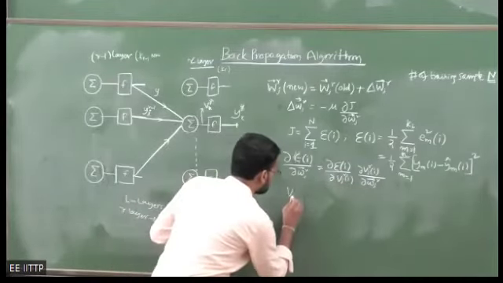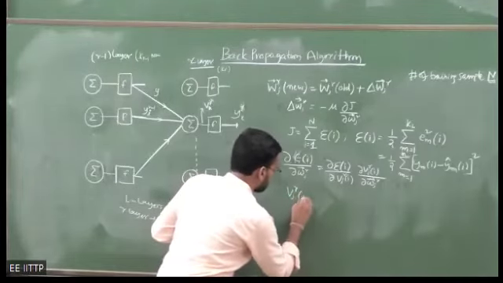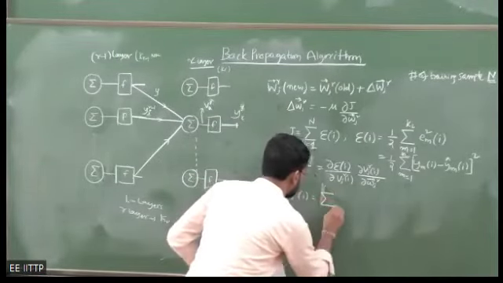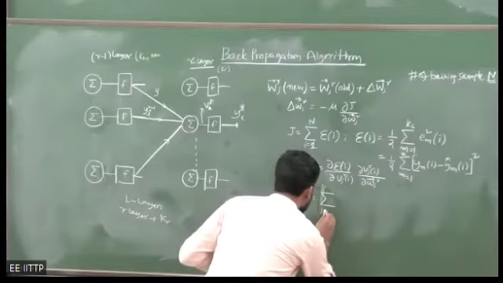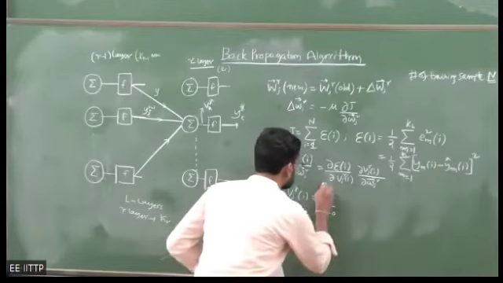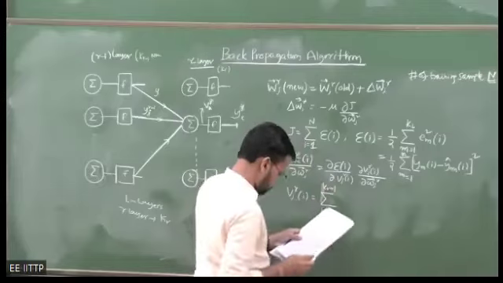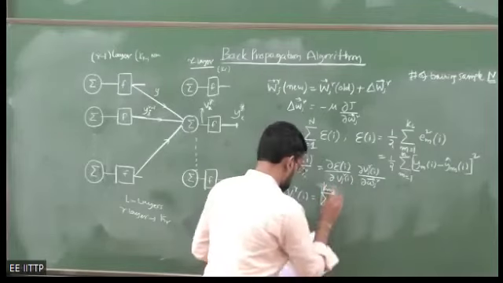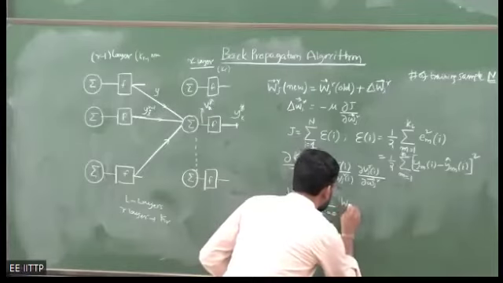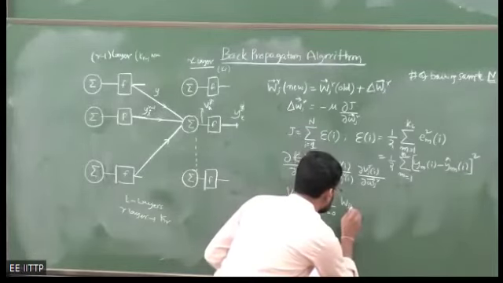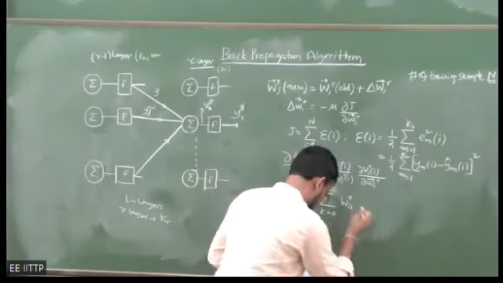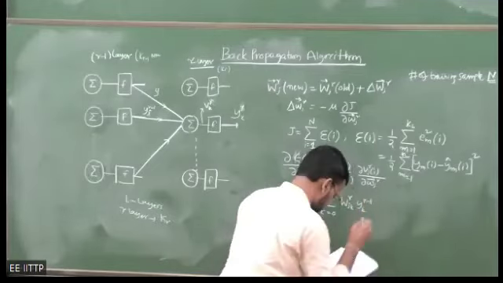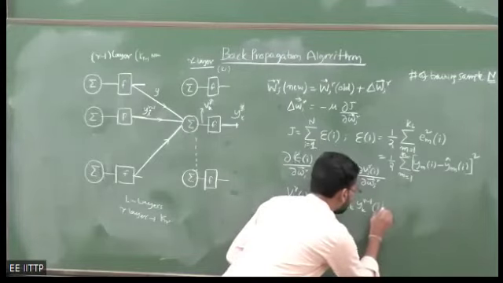What is my VJR? VJR of I is nothing but, let me write it this way, summation of K varying from 0 to K subscript R minus 1 of W J K R into Y K R minus 1 of I. I'll write it and then I'll take you there.